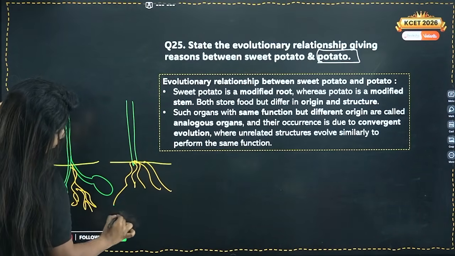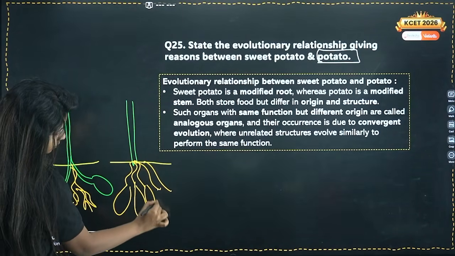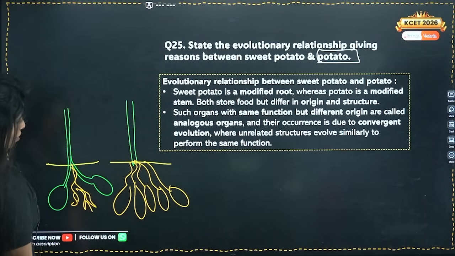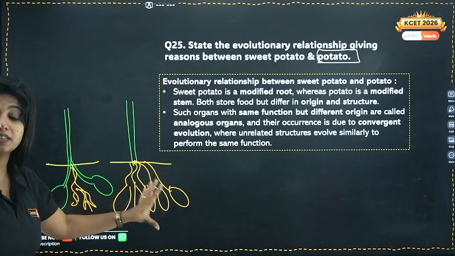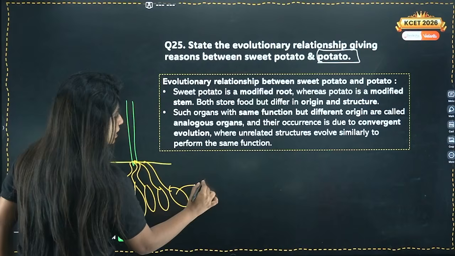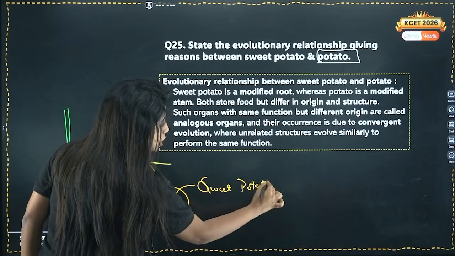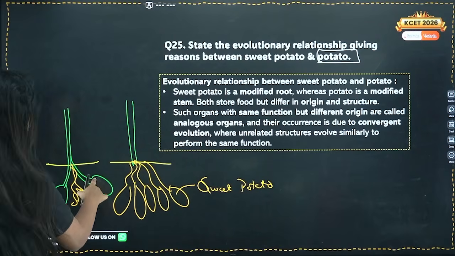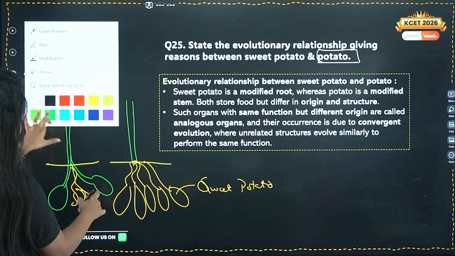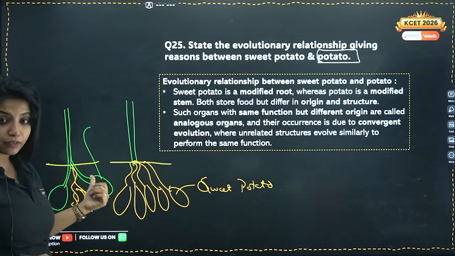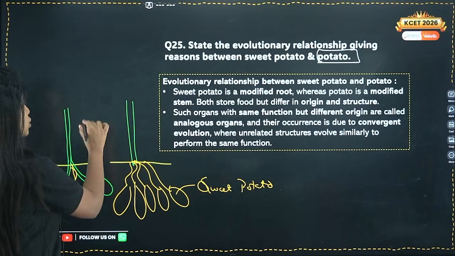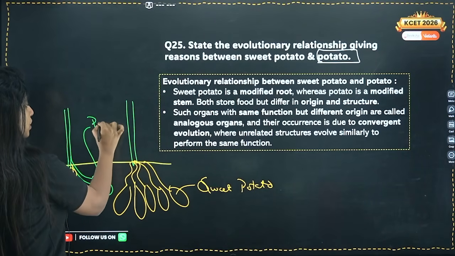The roots are basically modified to form something. So here there is a stem modification, here there is a root modification. This is your sweet potato. Okay. And over here, this thing that you see, my dear children, is a stem modification where the stem is used for storage, and this is known as just the potato.